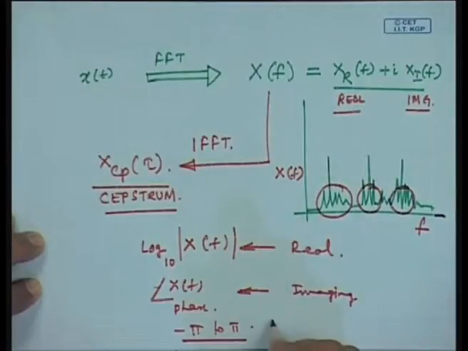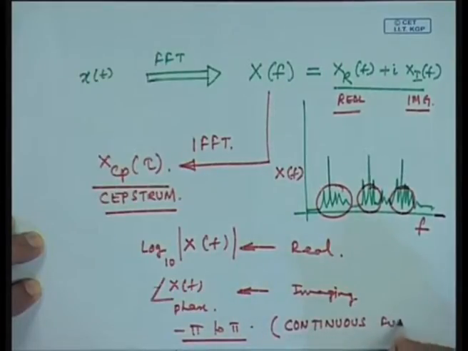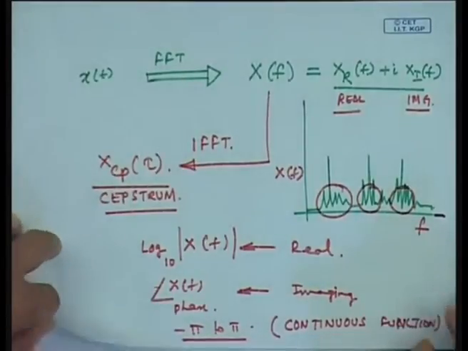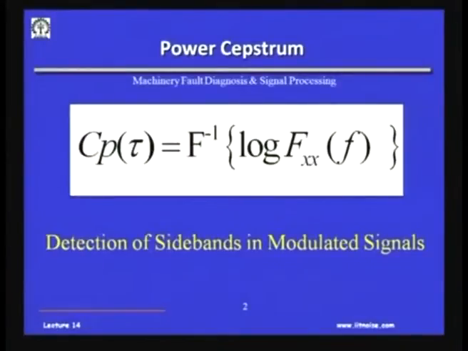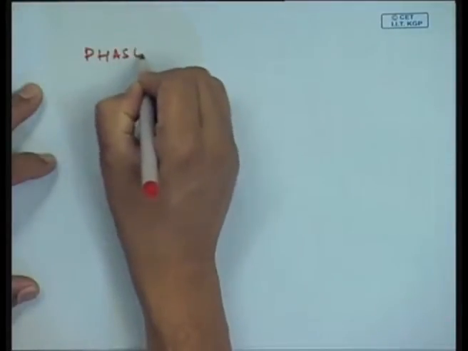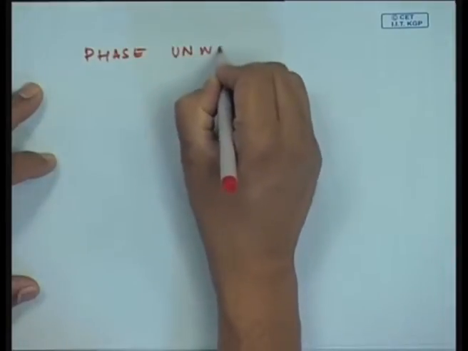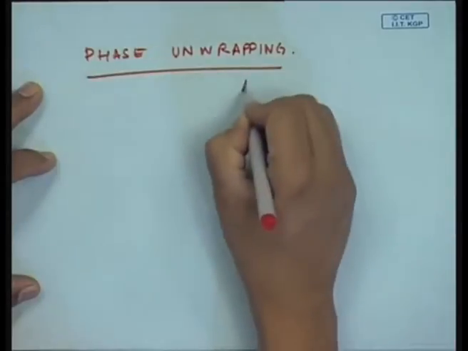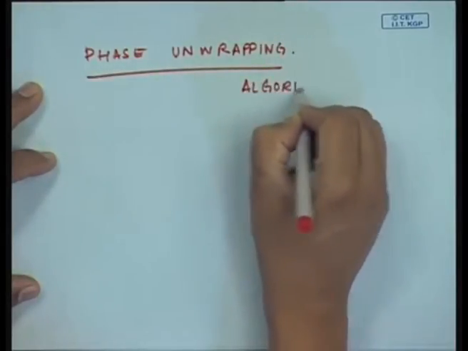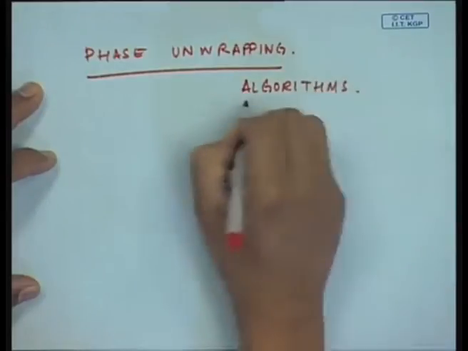To smoothen it, it has to be made a continuous function, and this is done by a technique known as phase unwrapping. There are many algorithms available for doing this phase unwrapping.